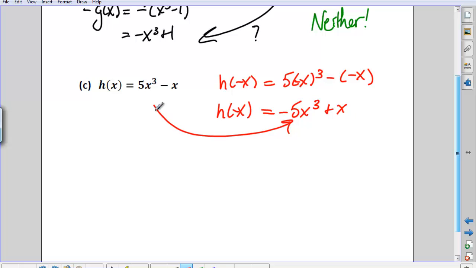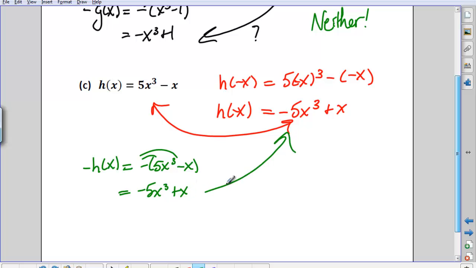If you compare these two, are they the same? Not the same, right? But notice if you do the opposite of h of x, again, distribute the minus sign. Don't these match? So h of negative x does equal the opposite of h of x. So that is odd.